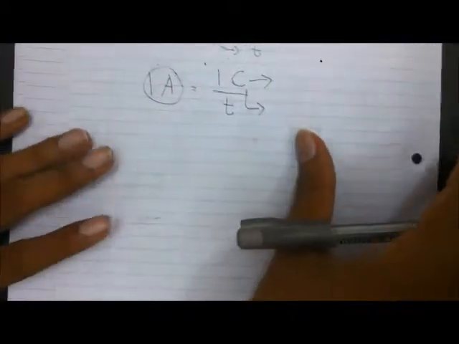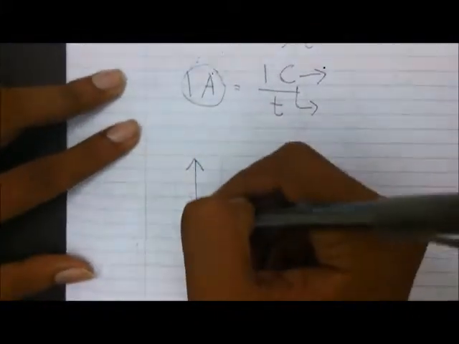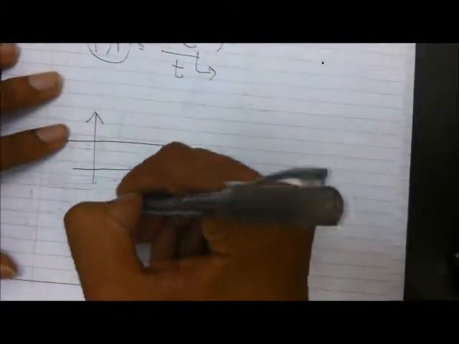Current has two types, which are AC current and DC current.